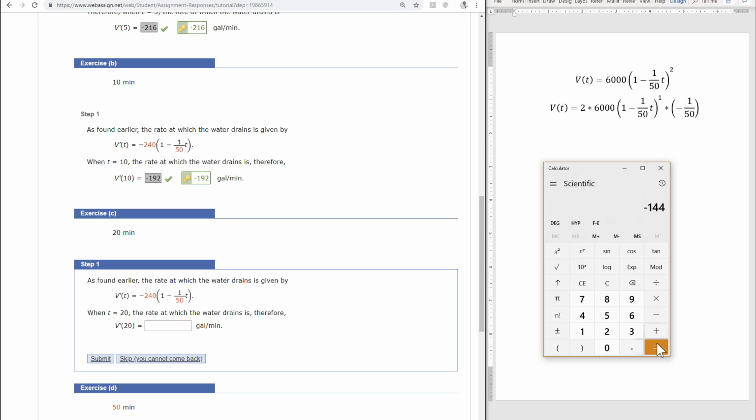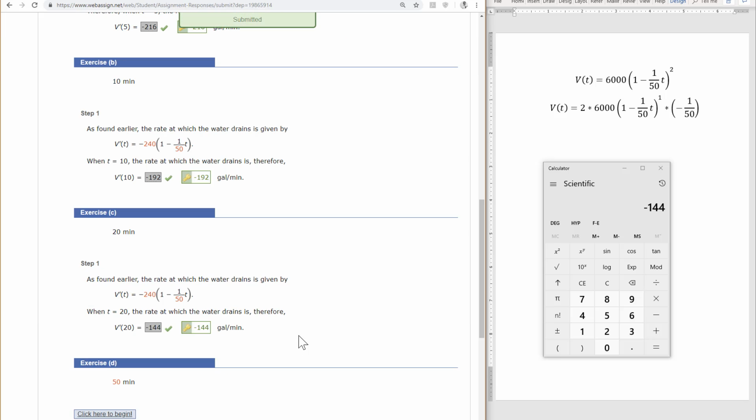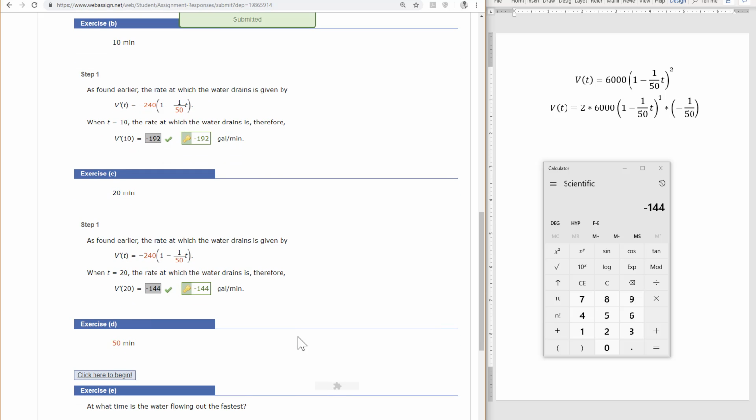Now, if you have a graphing calculator, you can probably do this a little bit easier. As a matter of fact, since we're just using a bunch of formulas here, you could probably use Excel as well. You have one formula and you're putting in the same values.